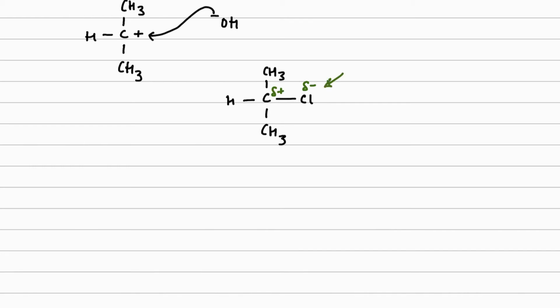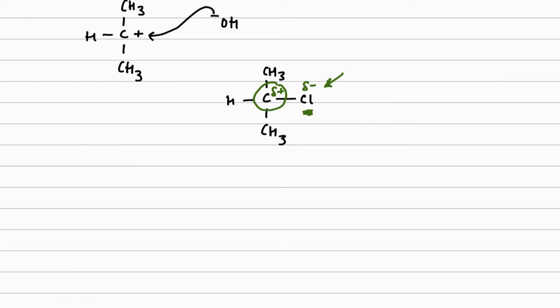And the more electronegative this atom is, the further the electrons are going to be drawn away from the carbon, and the more delta positive this carbon is going to be. As a result, that carbon opens itself up to attack by a nucleophile.